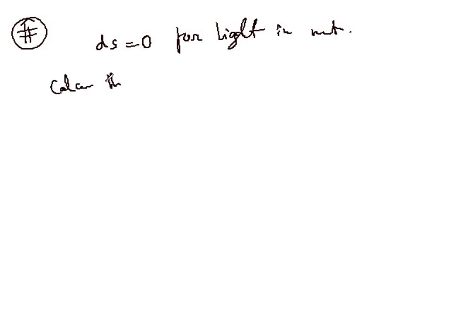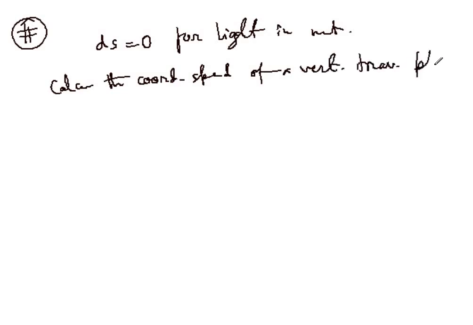So let us put ds equal to 0 for light in the metric, right? Then from there we can calculate the coordinate speed of a vertically traveling photon.